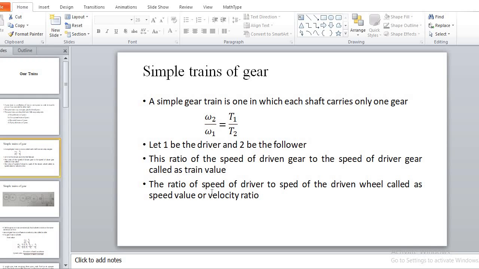And if you consider the ratio of the speed of the driver wheel to the speed of the driven wheel, then it is called the speed ratio or velocity ratio, generally denoted as VR. So velocity ratio is the ratio of the speed of the driver wheel to the speed of the driven wheel.